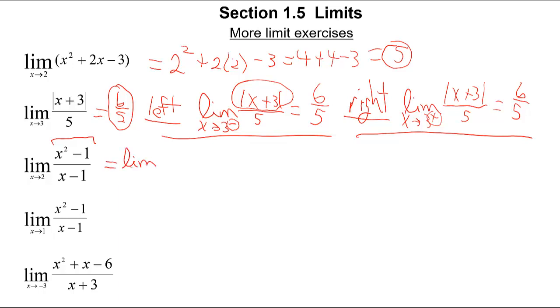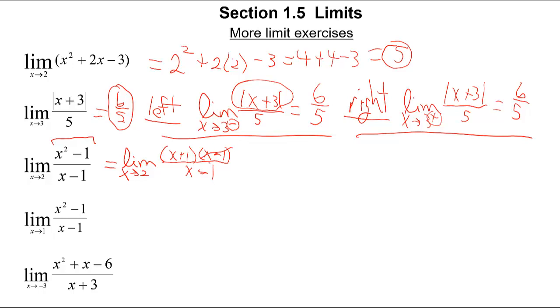If I look at this as the limit as x approaches 2, and I notice that the numerator is the difference of two squares, x squared minus 1 is the same as x plus 1 times x minus 1. If your algebra skills have gone down a little bit, you might want to review that, over x minus 1. But look what happened.